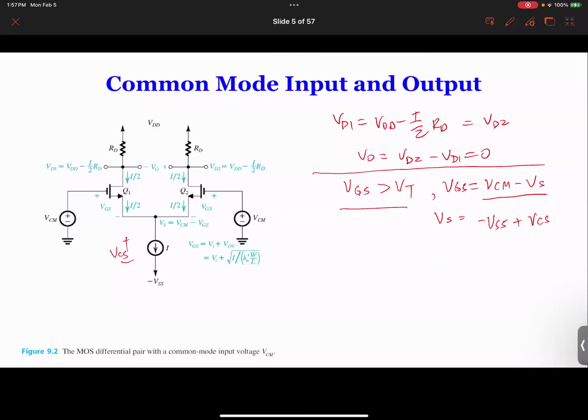So in order to be in saturation, we have to make sure that VDS has to be larger than VGS minus VT. Sometimes it's called overdrive voltage, which is VO. Sometimes we call that. This VO is different from what in the future we call VO, output. This is the overdrive voltage.